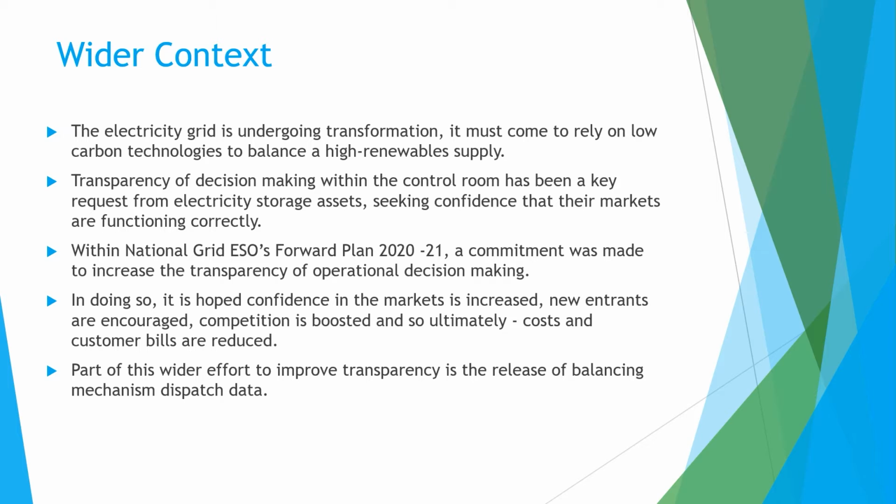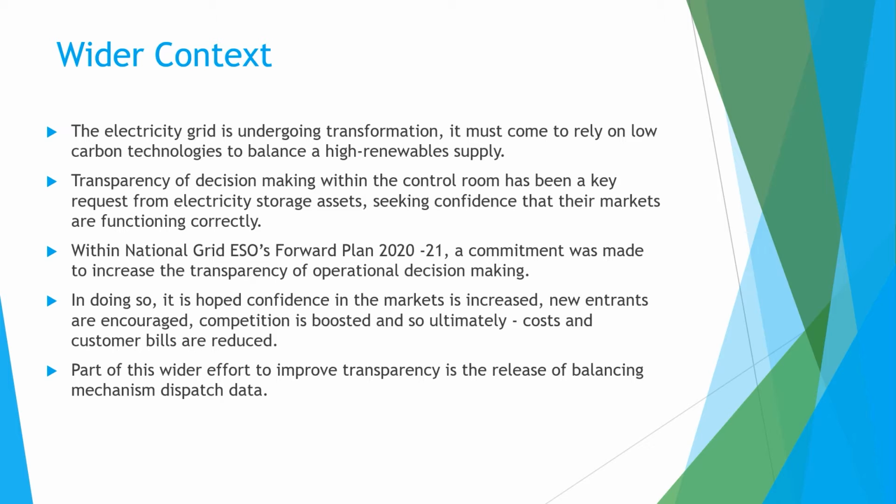And so transparency of decision making within the control room has been a key request from electricity storage assets who are in this market, and they want confidence that the markets are functioning correctly and that they are competing on a level playing field with traditional, say, gas plants who are balancing.